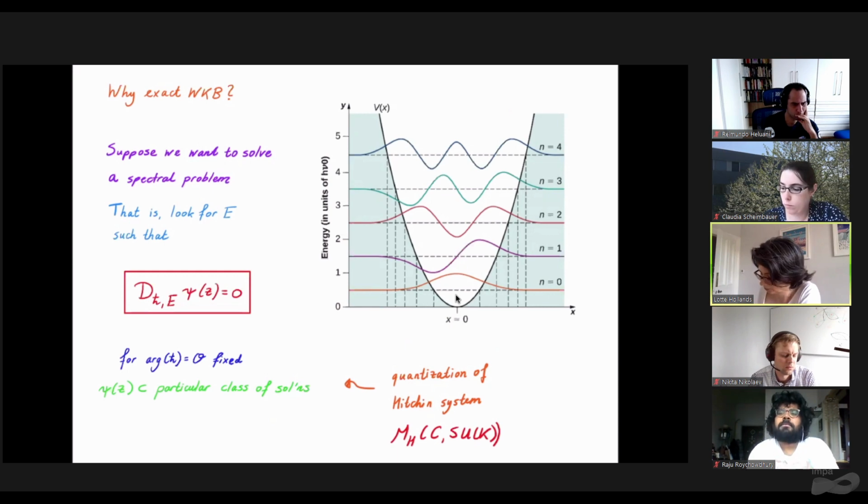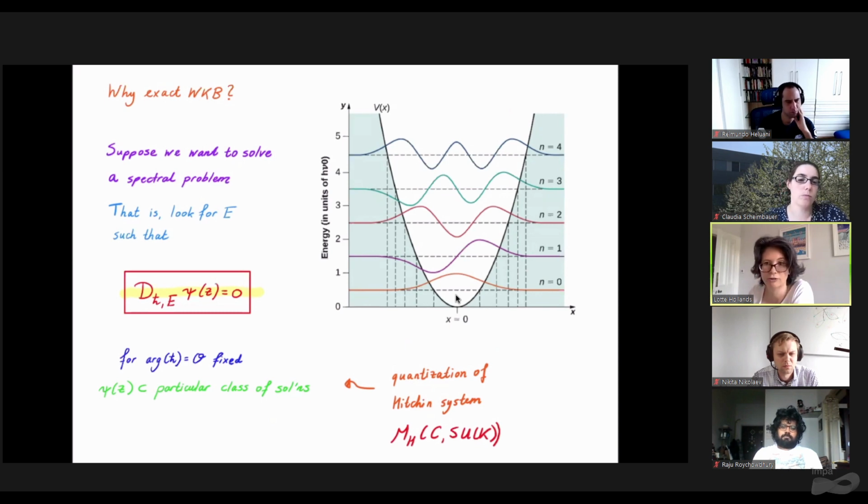Suppose that we have a differential equation of this type, and we restrict the argument of h bar to be equal to theta. So we fix the phase, and then the spectral problem is given by looking for solutions E such that this differential equation holds where psi of C is restricted to a particular class of solutions.